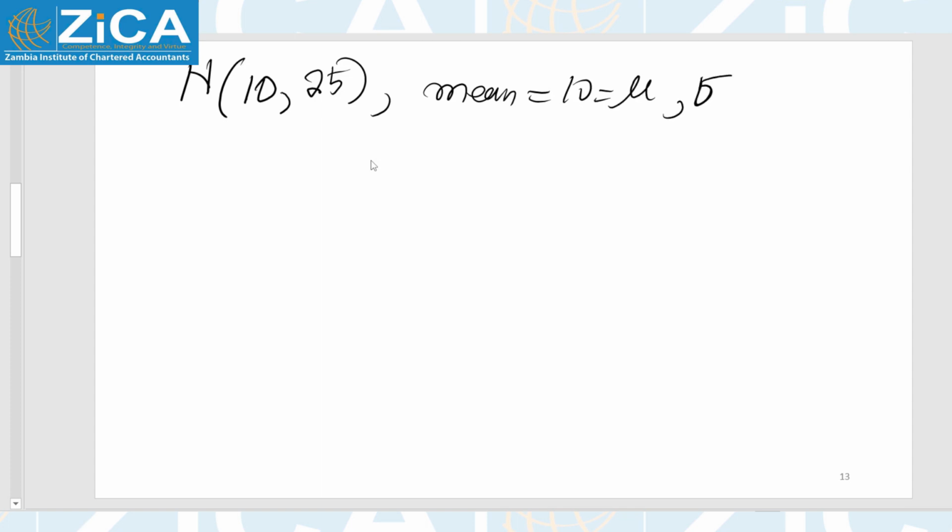In this question, we are given the normal distribution, mean is 10, then we are given variance 25. In which case our mean is 10, which is mu, and the standard deviation is the square root of 25, which is just 5.